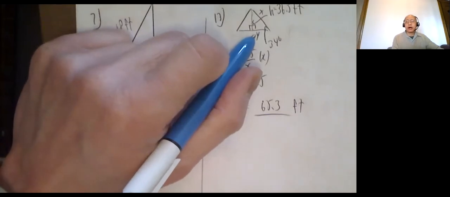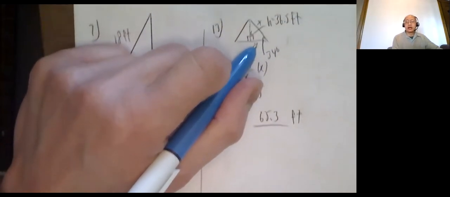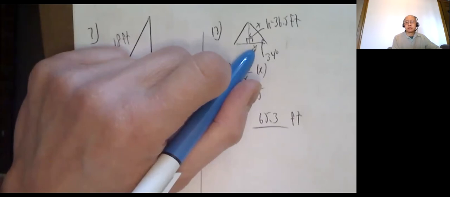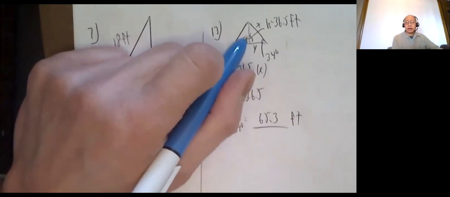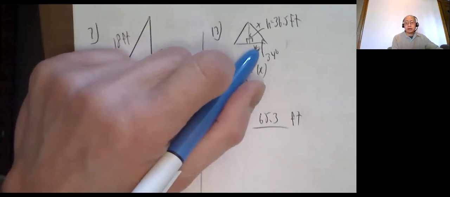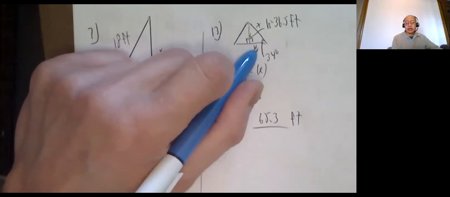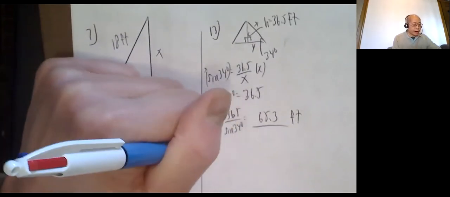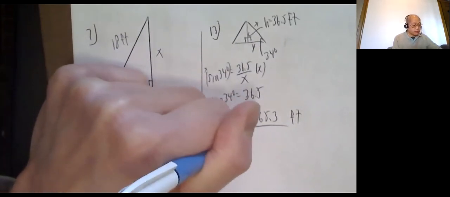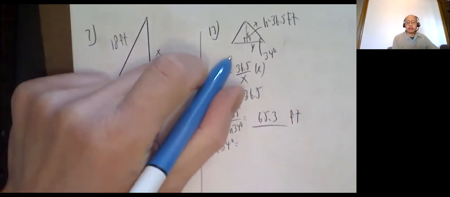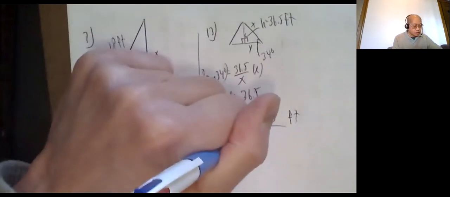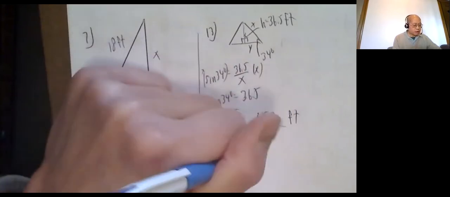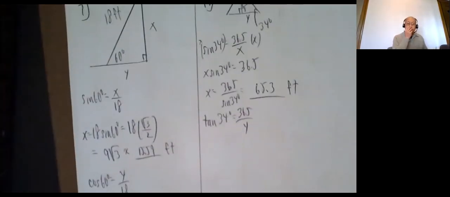For y, this is the adjacent side. That's still the hypotenuse, but let me just use a given number. So this is opposite, adjacent, so tangent. It's usually more accurate to use given information. So tangent 34 degrees is opposite 36.5 divided by the adjacent, which is y.